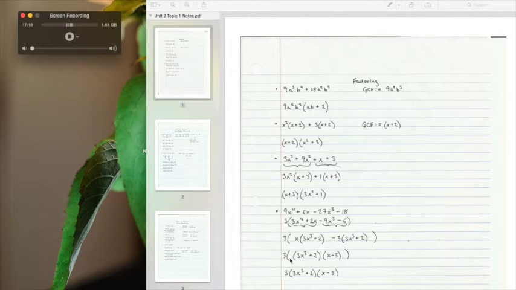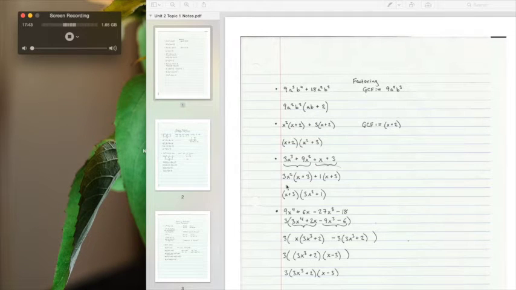I just have this 3 multiplied by this big factor multiplied by this big factor. I can just remove this extra set of parentheses, and the meaning of the expression will stay the same. So my final factored result is 3 times the factor 3x to the 3rd plus 2 times the factor x minus 3.